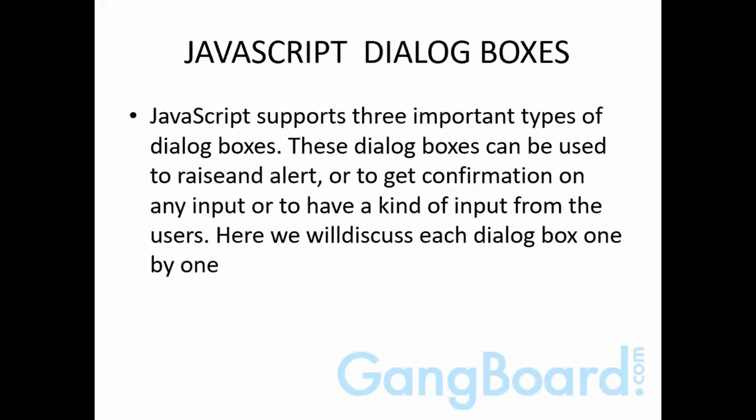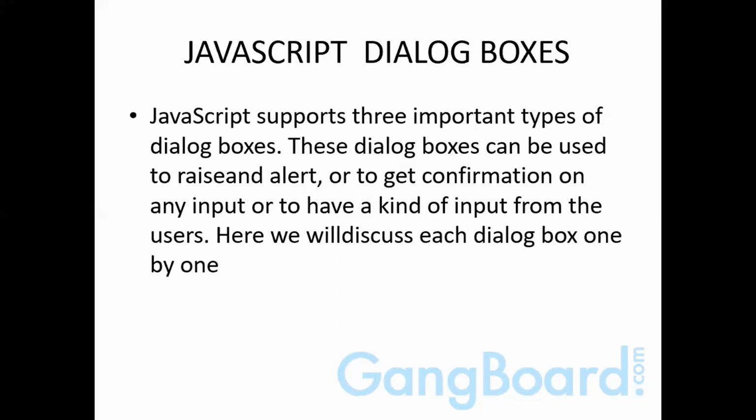JavaScript supports three important types of dialog boxes. These dialog boxes can be used to display alert boxes to the user, or to get confirmation on any input. For example, if you want to delete data, we'll have an OK or Cancel button.